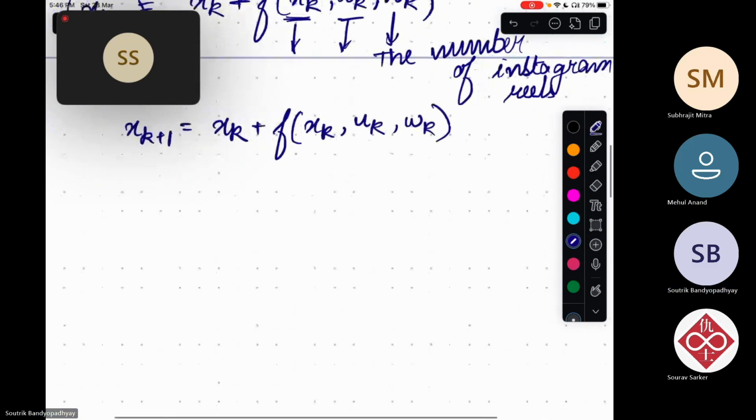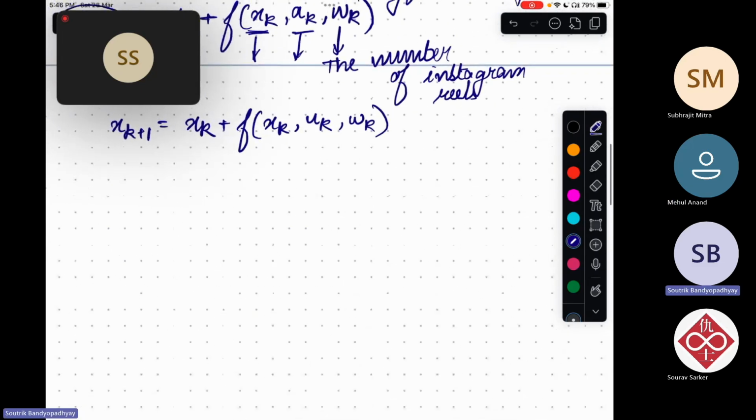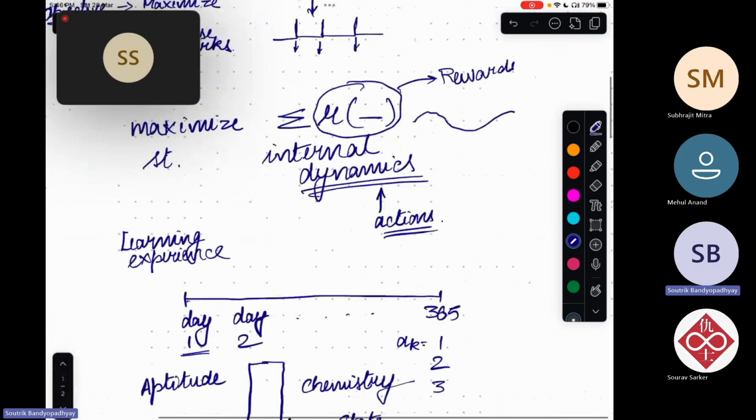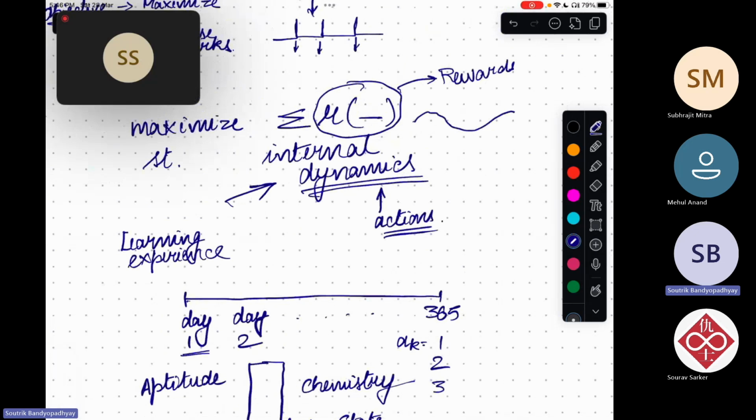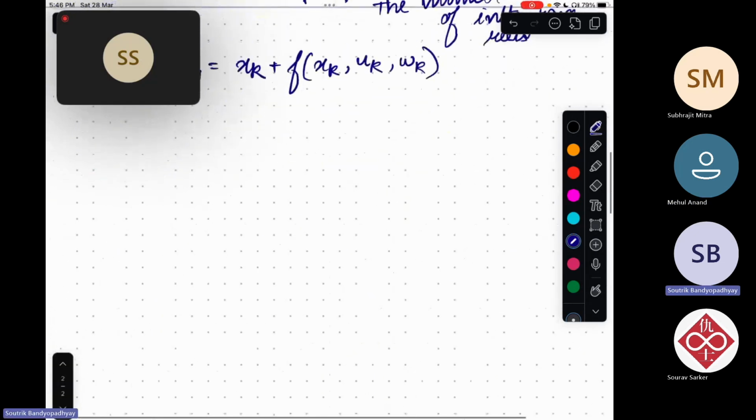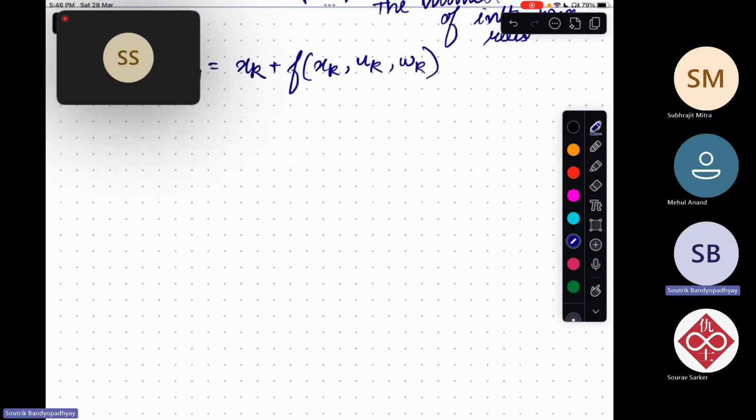Now, you notice that this is your internal dynamics, which I mentioned over here. Now, we need to figure out if the current state x and the current action u is good or not. Herein lies the reward formulation, the thing that I mentioned before, which was of this sort of structure.